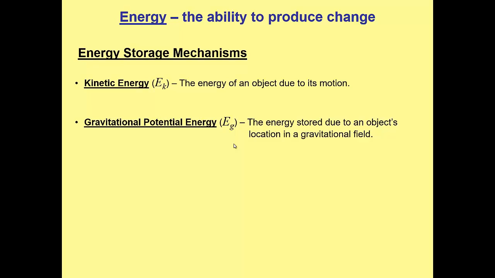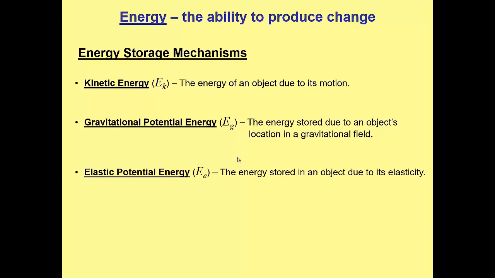It potentially could produce change. So this is another potential energy storage mechanism. But this one is named for objects like springs, rubber bands, elastic, things that will return back to their original shape. This is known as elastic potential energy, E sub E.